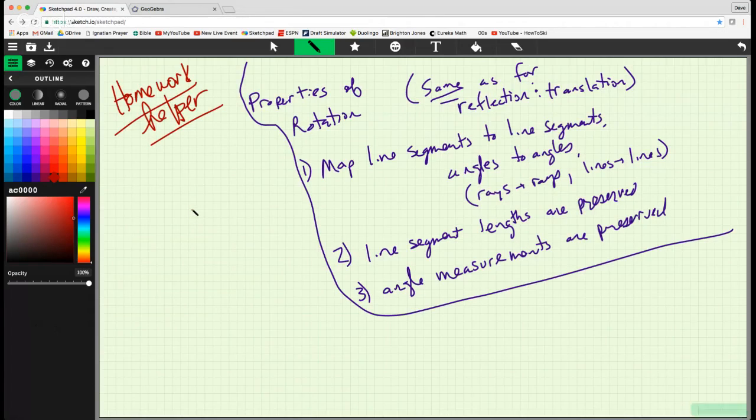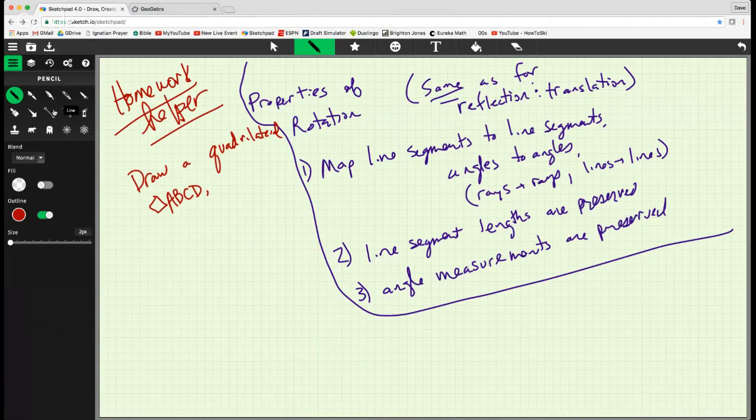So what I'm going to ask you to do is I want you to draw a quadrilateral A, B, C, D, something like this.